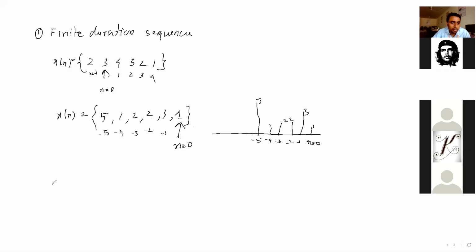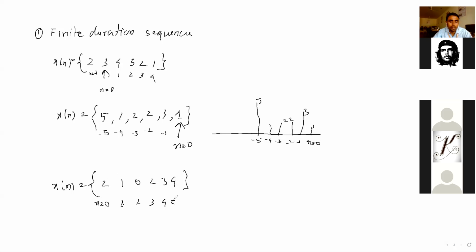Let me give another example. Sometimes in questions the values will be like 2, 1, 0, 2, 3, 4. If no arrow is given, then by default we take the first value 2 as n equal to 0, the next as n equal to 1, then n equal to 2, 3, 4, 5, like this.